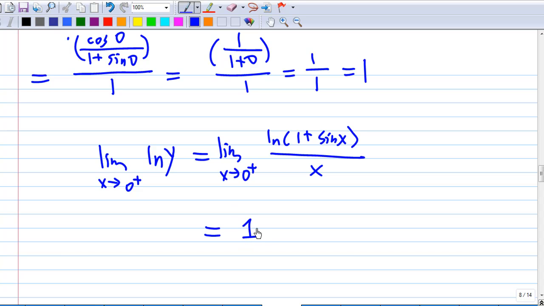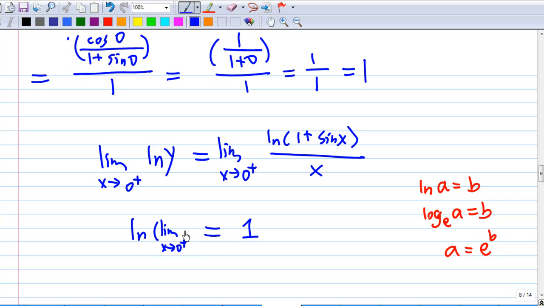So if ln y approaches 1, what will be the value of y? That means this is the situation: the limit as x goes to 0 from the right of y. So the limit of y when x approaches 0 from the right is e to the power 1. And that means I've got my answer already.